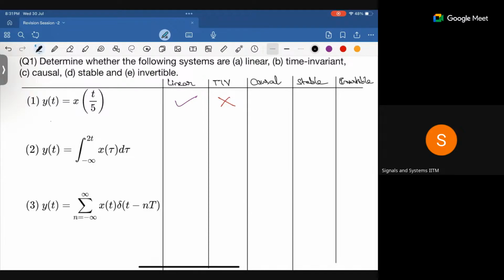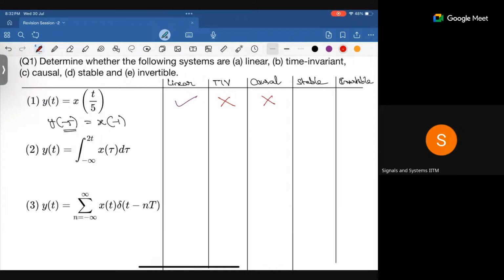So y of minus 5 is x of minus 5 by 5, which is minus 1. Right? So with respect to t equals minus 5, t equals 1 is a future value. So this is not causal.